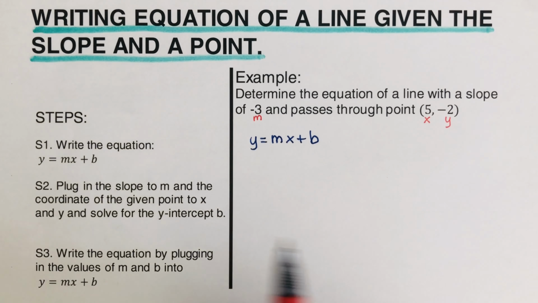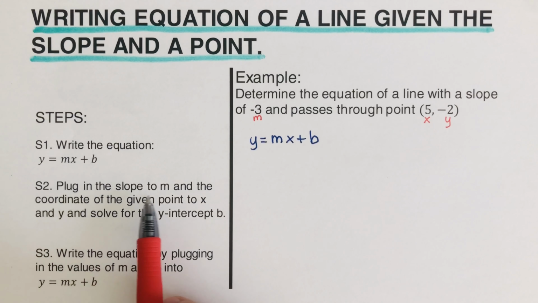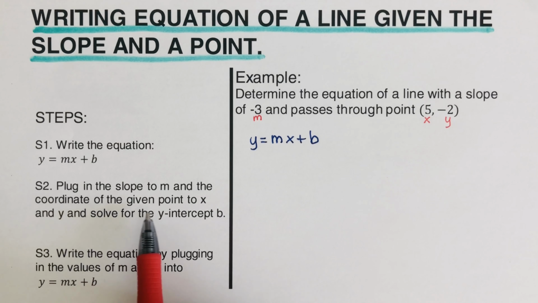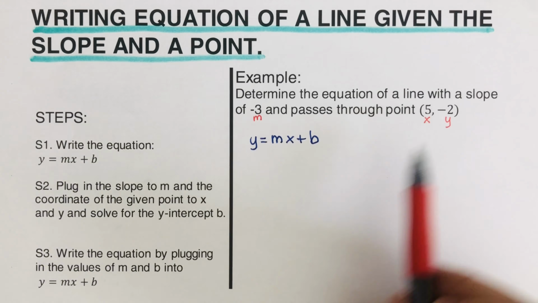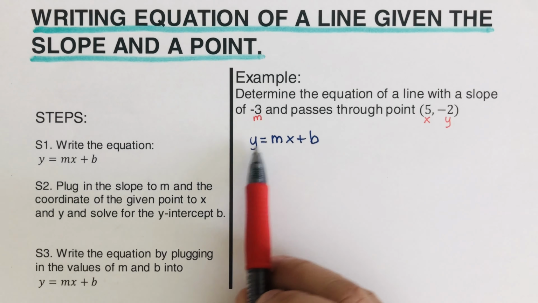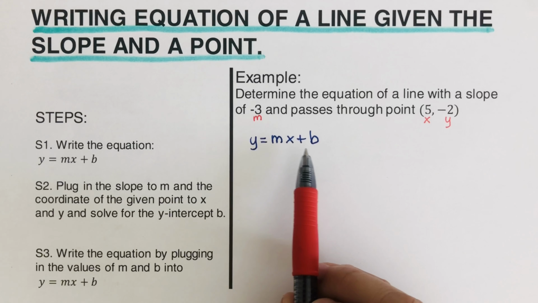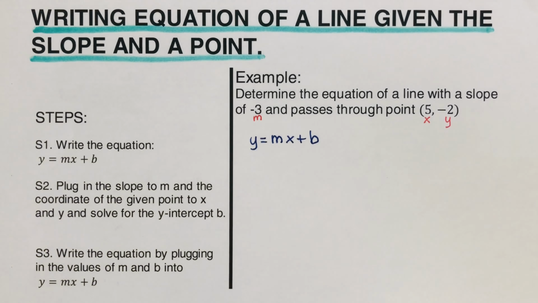Now, the next step is we plug in the slope m, whatever we got for m, and the coordinates of the given point x and y into the equation, and we solve for b, so we keep the b. In this problem, our y is -2, so I'm going to write that over here.